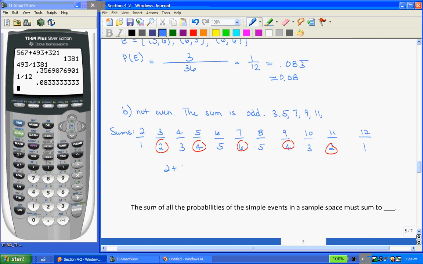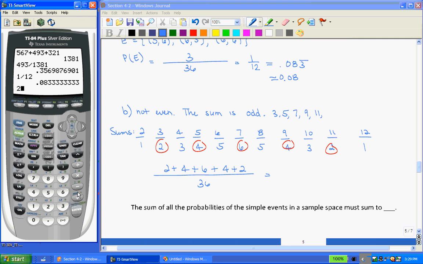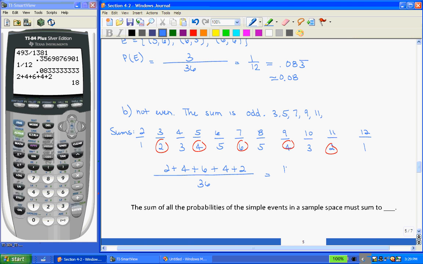So that's 2 plus 4 plus 6 plus 4 plus 2 over the total number of outcomes, 36. That's 18 over 36, which is 1/2. Which kind of makes sense because either your sum is going to be even or odd.